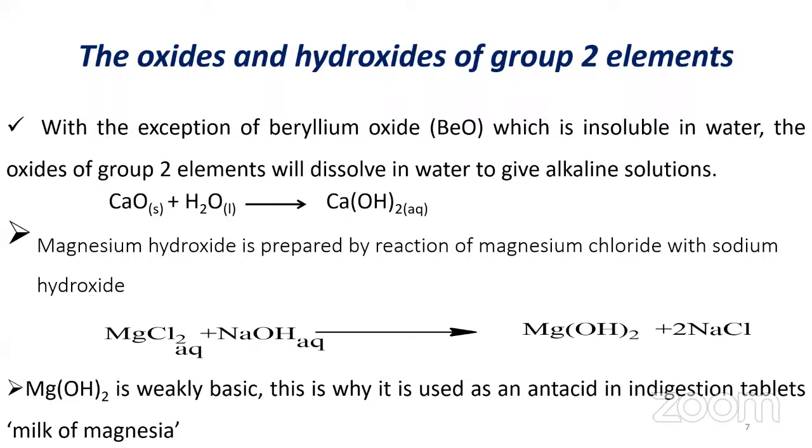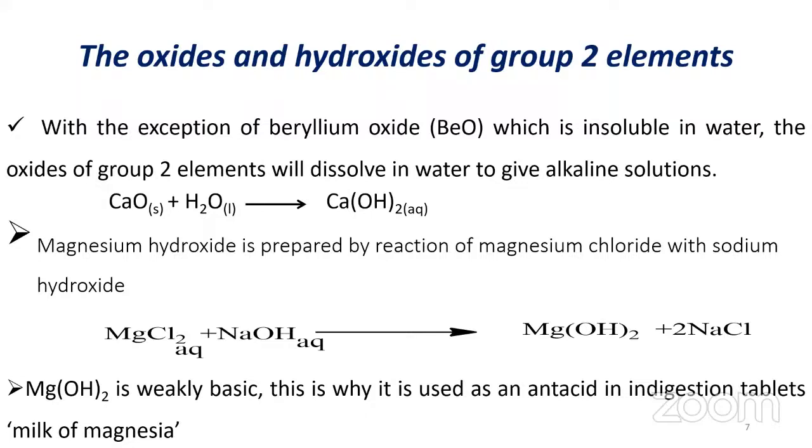And this preparation of your magnesium hydroxide is very, very important, because your magnesium hydroxide is weakly basic. And because it is weakly basic, that is why it's used as an antacid. That is usually a drug that you use in indigestion. That is what we call milk of magnesia. I'm sure most of you must have taken it when you had constipation.